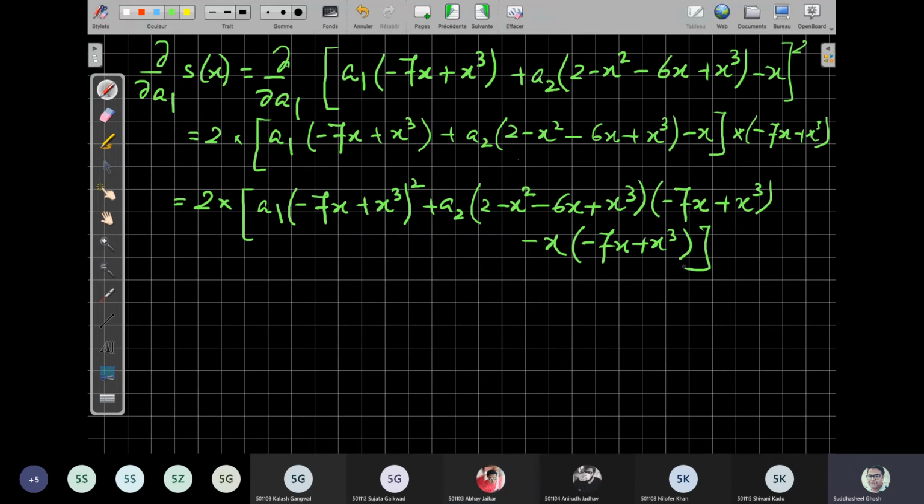Now suppose I have to integrate this on your calculator. First I have to make this zero. This 2 is a common term, a constant term. So I can leave this out and evaluate only the inside term. I leave this 2 out, don't worry about it because I am going to equate it to 0 anyway.